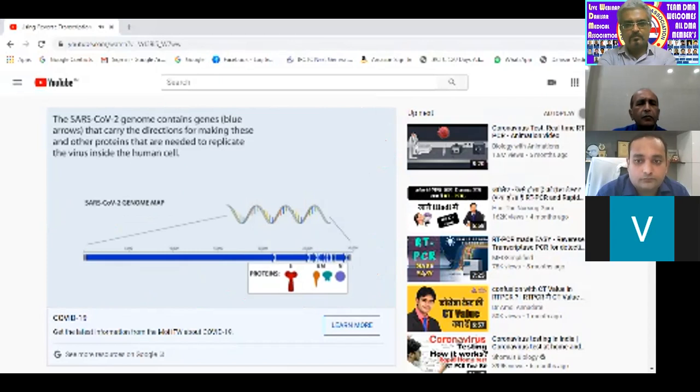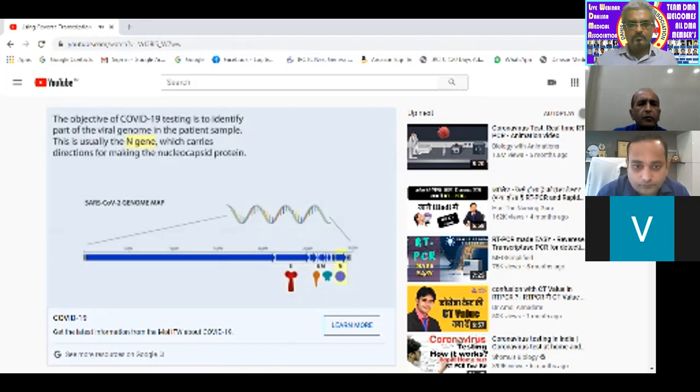The SARS-CoV-2 genome contains genes, blue arrows, that carry the directions for making these and other proteins that are needed to replicate the virus inside the human cell. The objective of COVID-19 testing is to identify part of the viral genome in the patient sample. This is usually the N gene, which carries directions for making the nucleocapsid protein.